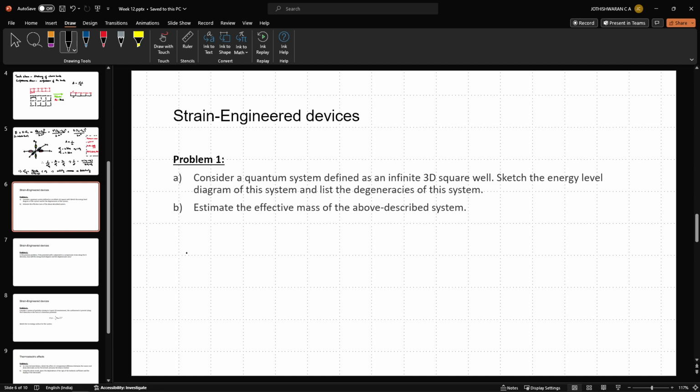An infinite 3D square well has potential of this form: v of x, y, z is equal to 0 if 0 is less than or equal to x, y, z less than or equal to some value L, and infinity otherwise.